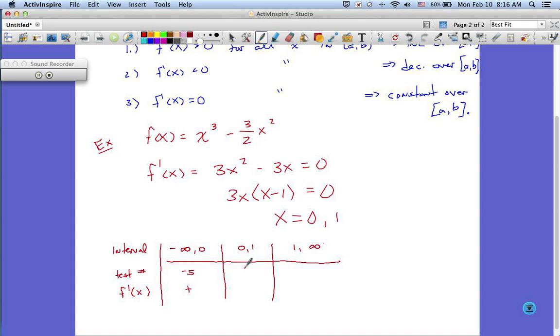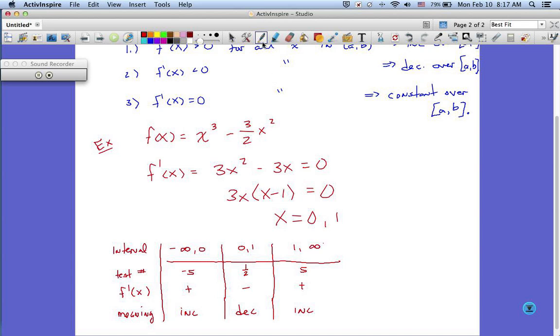Here, let's say I put in 1/2. If I put in a half, I get a positive times a negative, which is a negative. And here we'll put in 5. Positive times positive is positive. So the conclusion, as the book calls it, I like to call it the meaning, is that this is increasing, and then it's decreasing, and then it's increasing again.